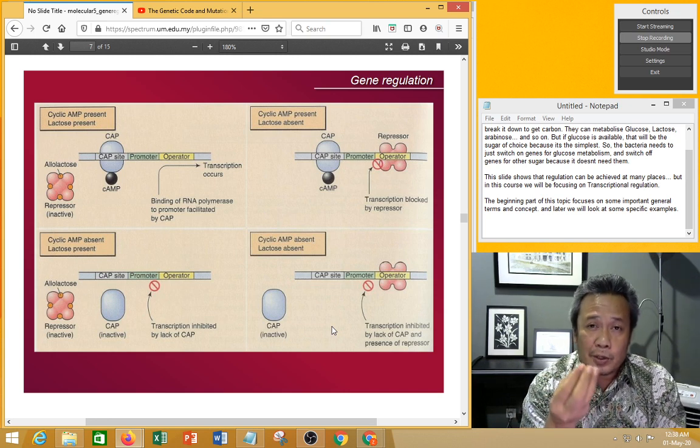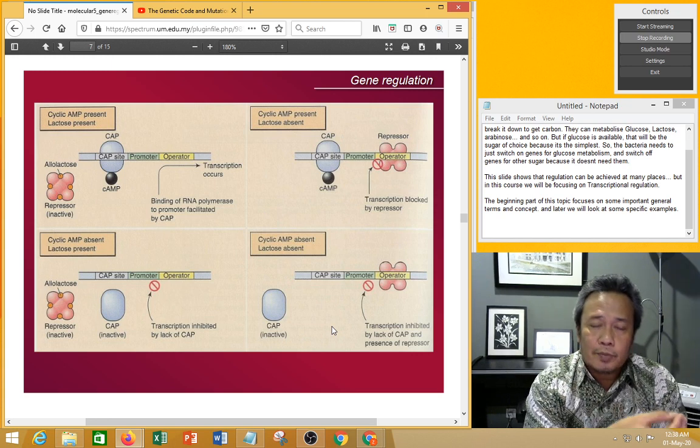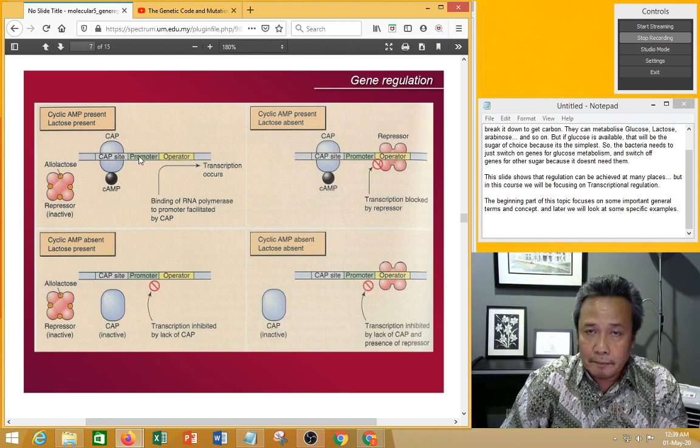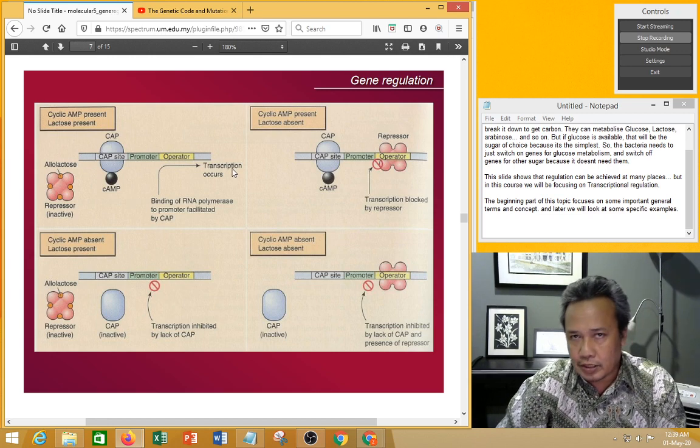It also requires the absence of glucose, because absence of glucose allows ATP to be converted to cAMP. Only then can it bind to the CAP protein, which binds to the CAP site. The presence of lactose and absence of glucose allows transcription. So that is catabolite repression.